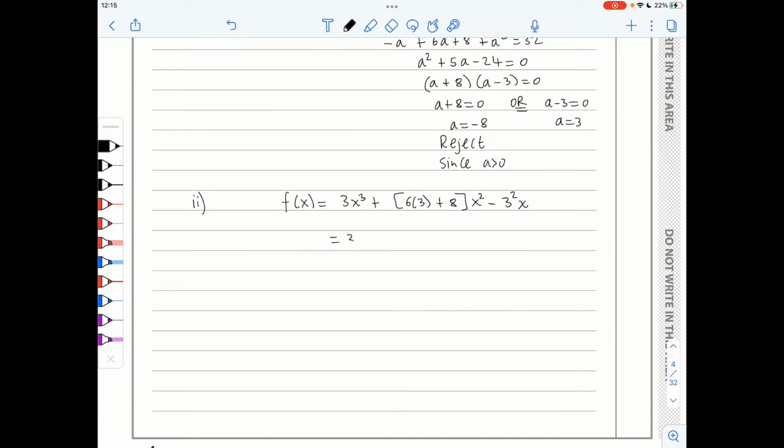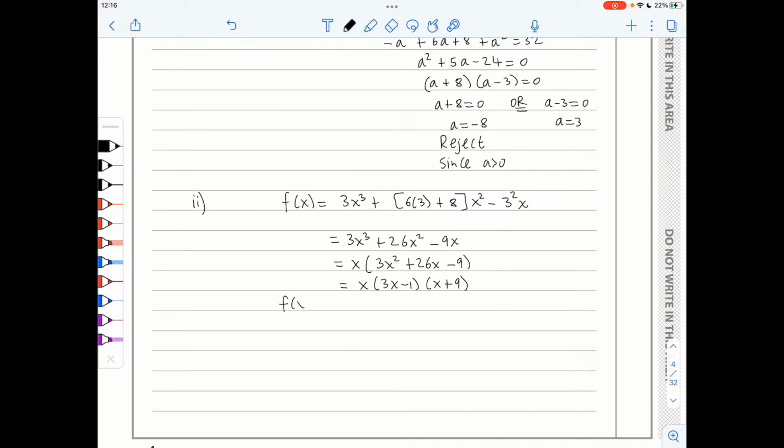So this is 3x cubed plus 26x squared minus 9x. I will factor out the x to give me x brackets 3x squared plus 26x minus 9, which further factorizes into x, 3x minus 1, x plus 9.